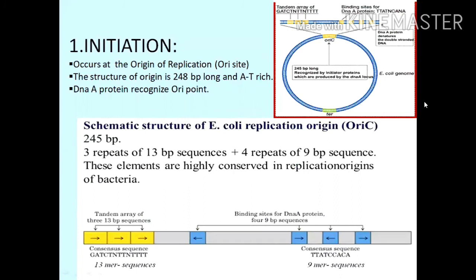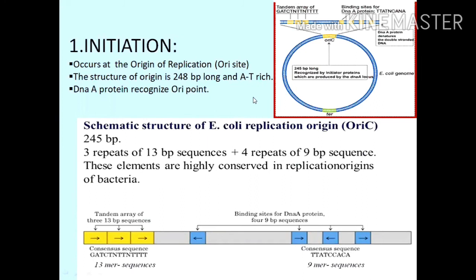In the case of E. coli, the initiation process occurs at the origin of replication, known as the ORI site. Generally, we can see here oriC, that region initiates the replication process.